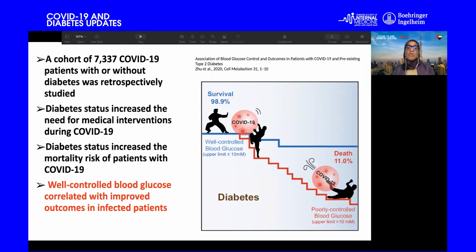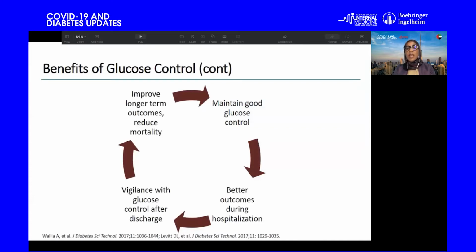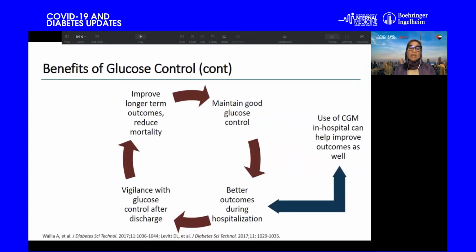It speaks 1,000 words. Well-controlled blood glucose correlates very well with improved outcomes in patients with diabetes. The benefits of glucose control are to improve outcomes during hospitalization and longer-term outcomes in order to reduce mortality. This can also be done in hospital by the use of continuous glucose monitoring.